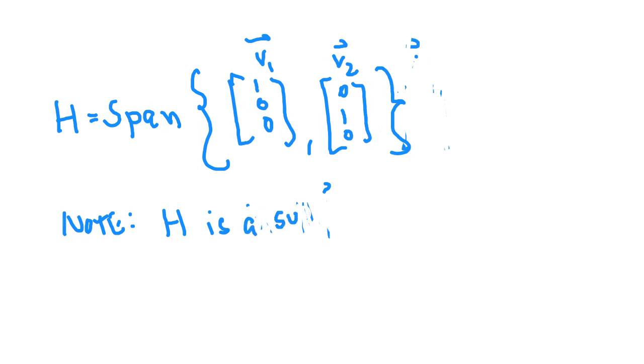And why is it a subspace, class? Why is H a subspace? How do we know H is a subspace? We don't even have to confirm the properties, right? Why is that?